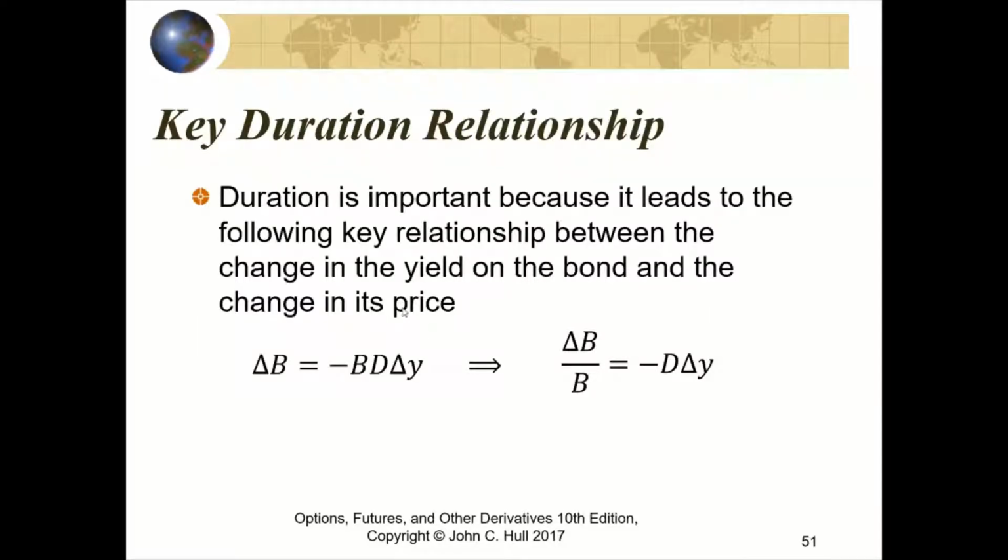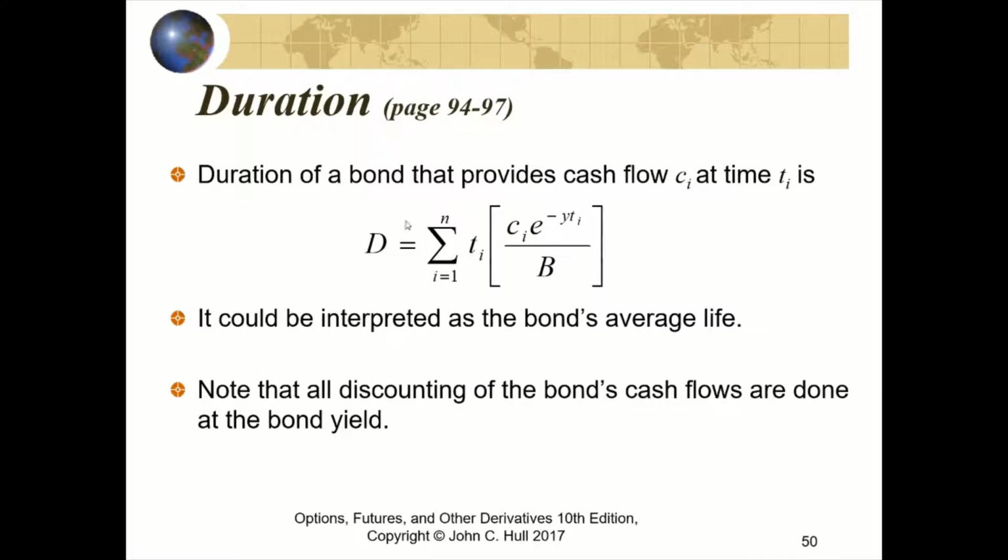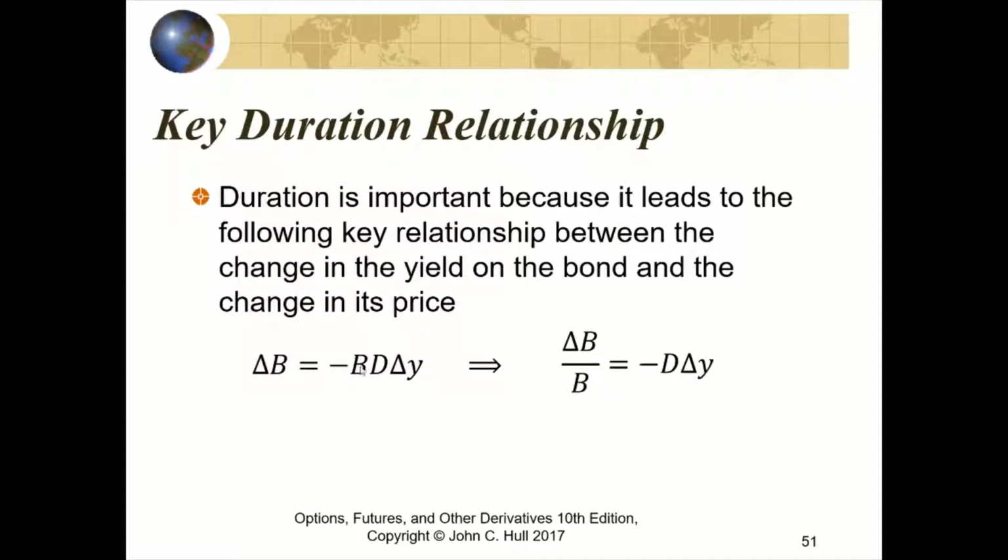If we have the duration of the bond, then we can predict by how much the bond price will change as a result of a certain change in the bond yield. All we need is the bond price now, its duration, and the change in the yield that we anticipate.